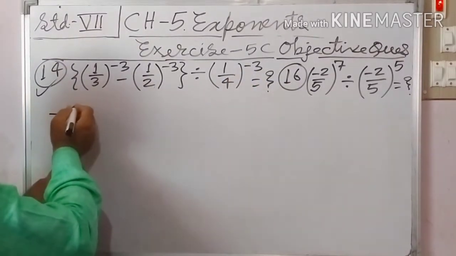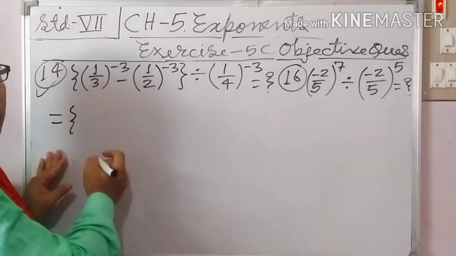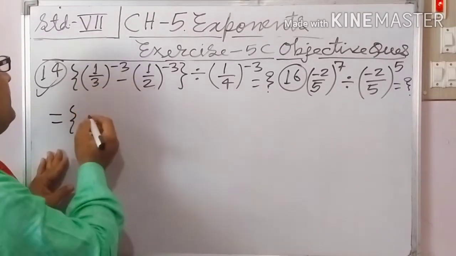Solve it. a by b to the power minus m equal to b by a to the power m.